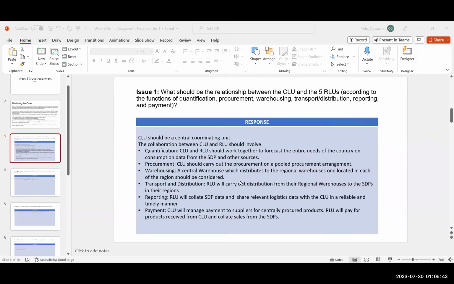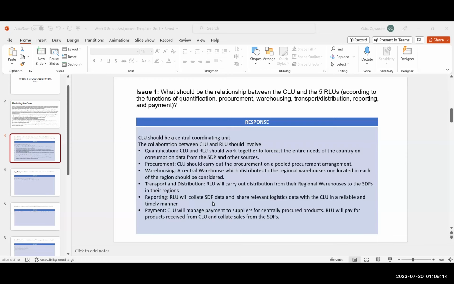That goes to the next point, that's transportation and distribution. So the regional logistics unit is to carry out the distribution from the regional warehouses to the service delivery points in their region. For reporting, the regional logistics unit is to collect service delivery point data, that's the essential logistics data, data on consumption, losses and adjustments and the like, and share such data with the central logistics unit in a reliable and timely manner.